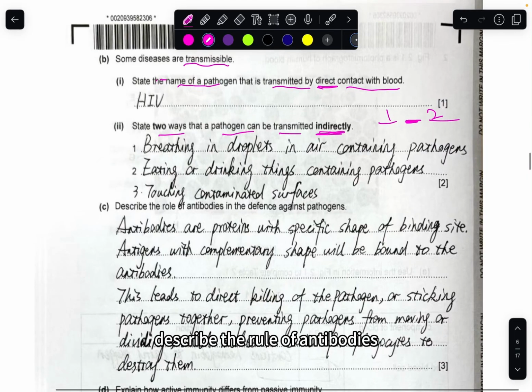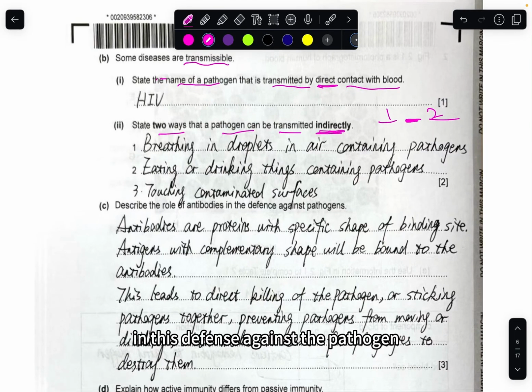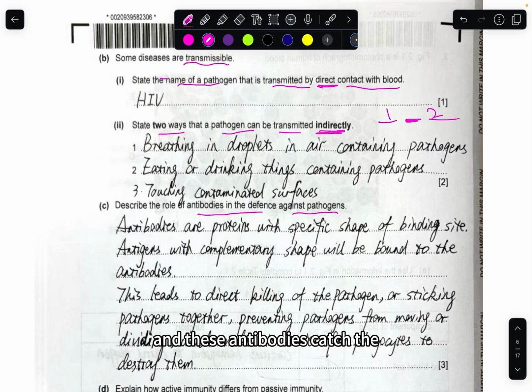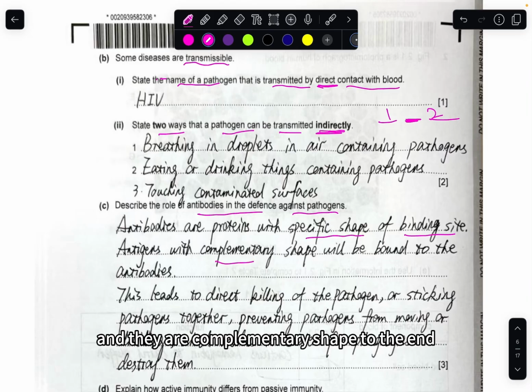Describe the role of antibodies in the defense against the pathogen. We know that the antibodies are produced by the lymphocytes, and these antibodies catch the pathogens because they have a specific site called the binding site, which has a complementary shape to the antigens.